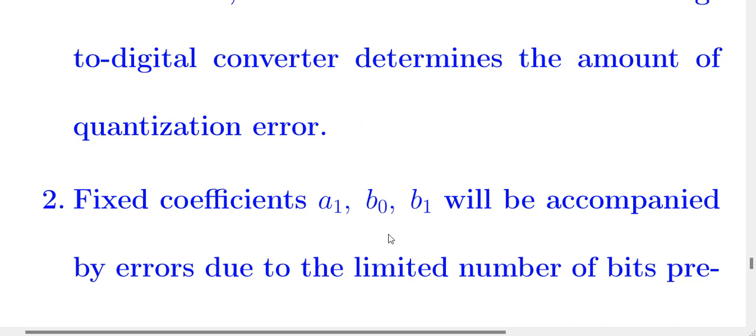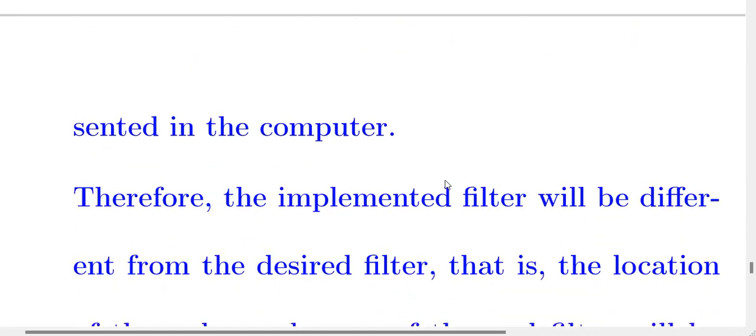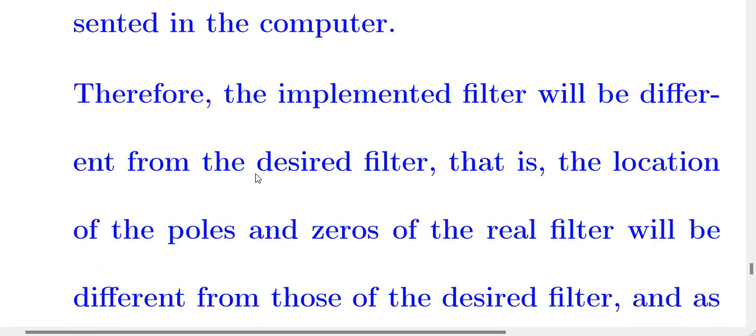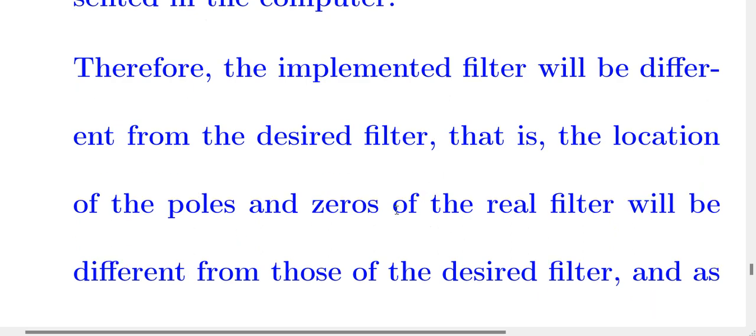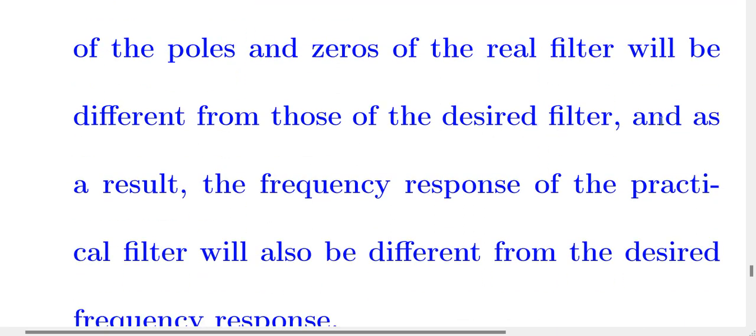Fixed coefficients a1, b0, b1 will be accompanied by errors due to the limited number of bits presented in the computer. Therefore, the implemented filter will be different from the desired one, that is, the location of the poles and zeros of the real filter will be different from those of the desired filter.